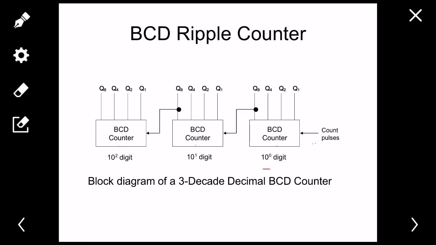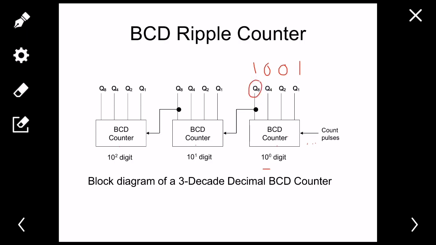Now I'm giving a clock pulse at the first one. So try to understand this one. When it will be 9, it is something like this. See this one right here.